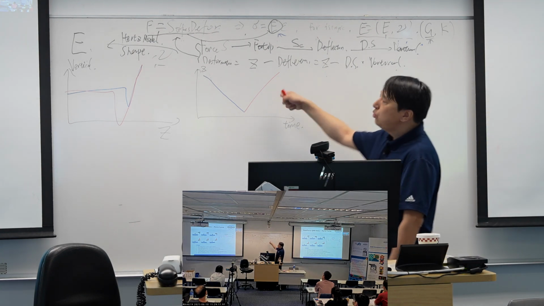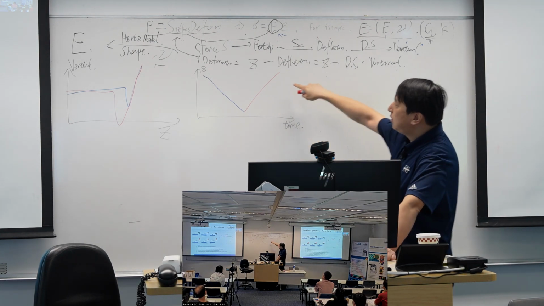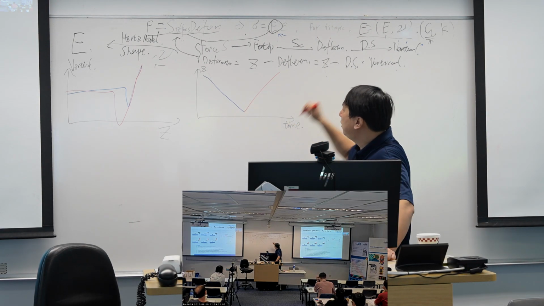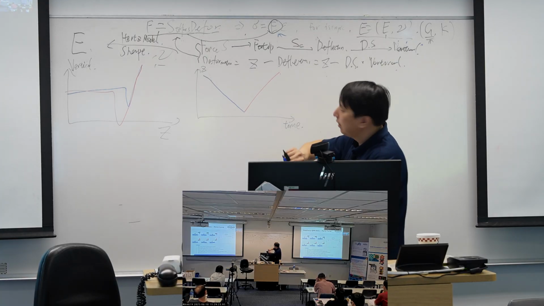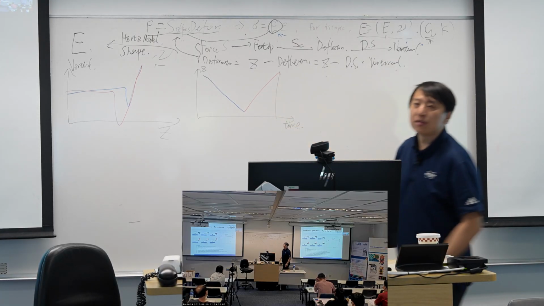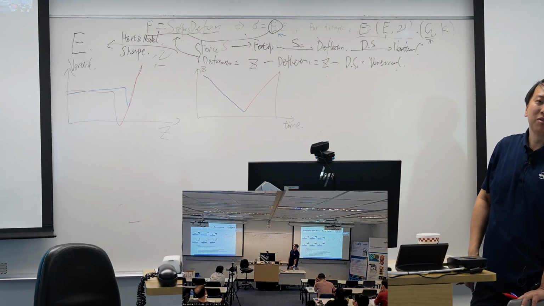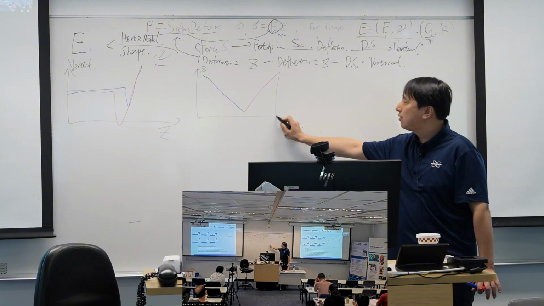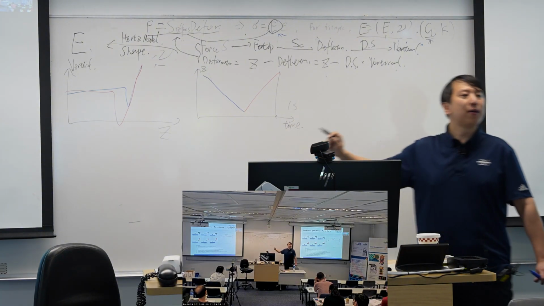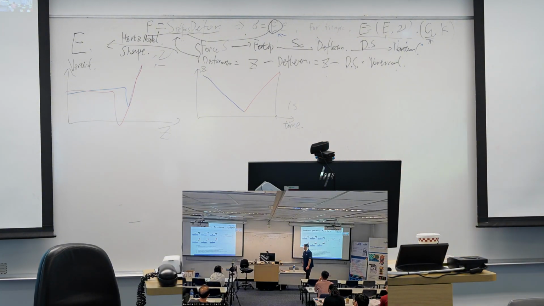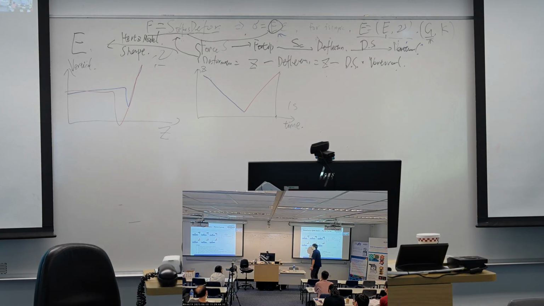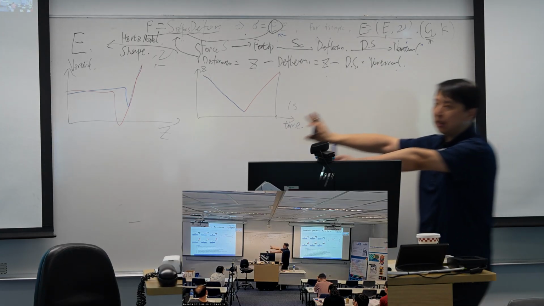Usually, if you have done this experiment many times, this time is about 1 second. In the parameters, we said this is about 1 hertz, meaning 1 curve per second. So the time is about 1 second.